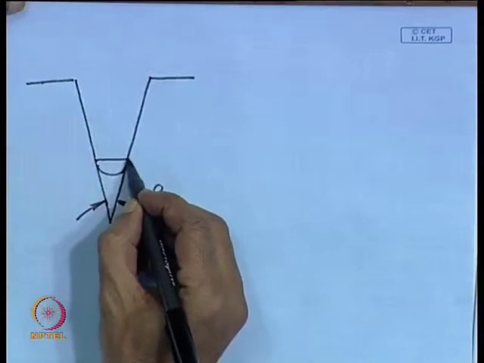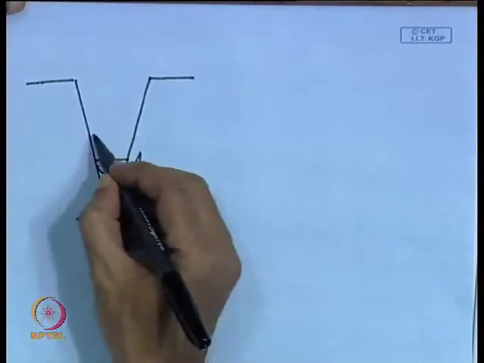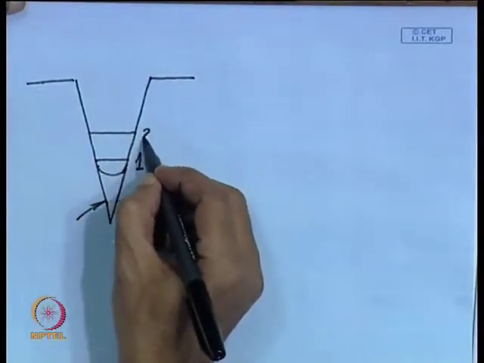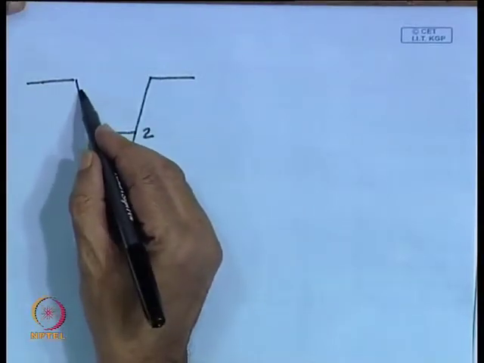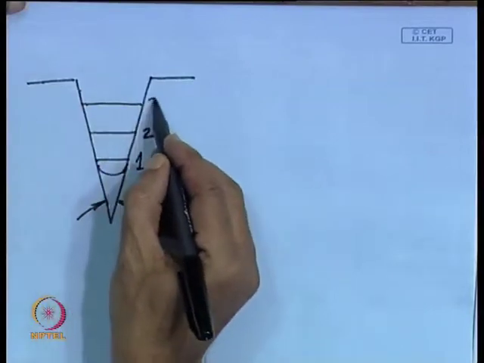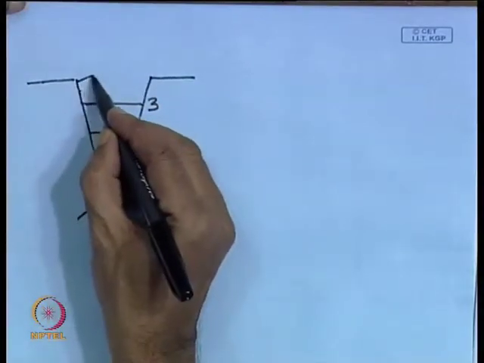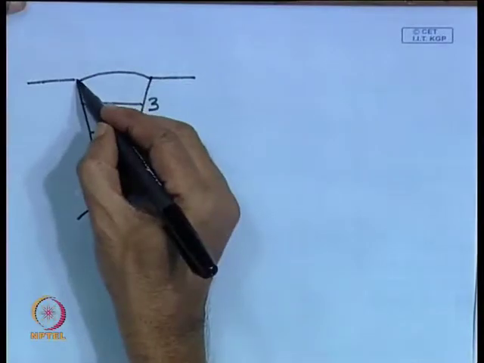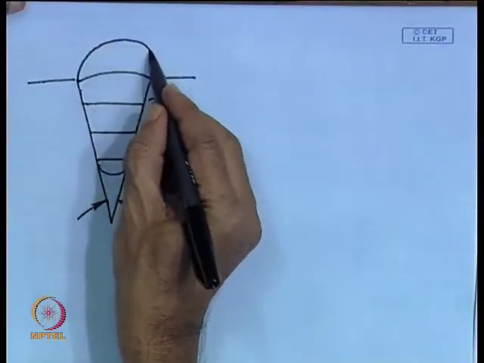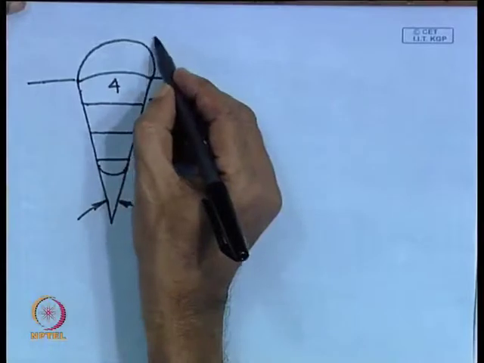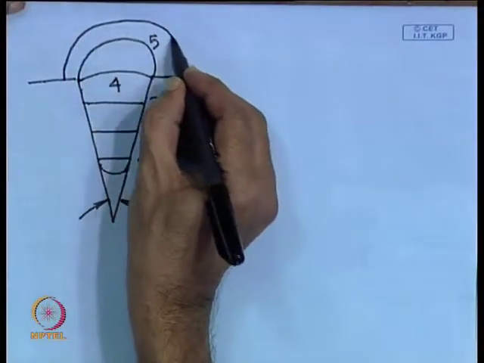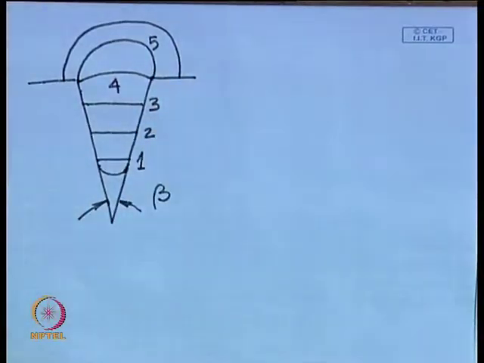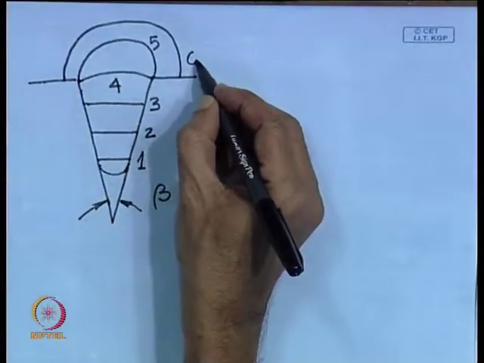One can have this is location 1, this is location 2, this we can have as location 3, very close to 3. Then one can have 4, one can have 5, and also in some cases it can come out of the surface cavity, and this we represent as 6.